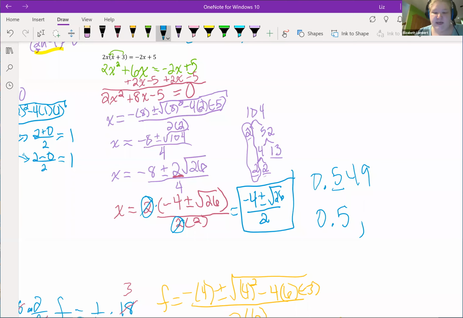And then rewind, and now it is -4 minus the square root of 26. And that's -9.099, blah, blah, blah, divided by 2. -4.549. Again, same reasoning. This will be -4.5.